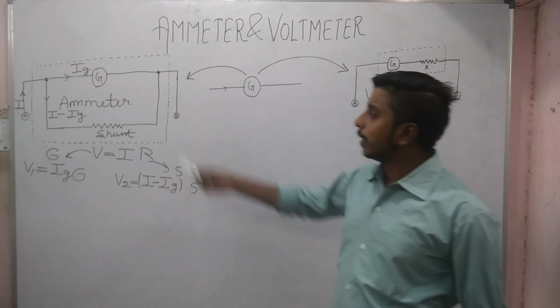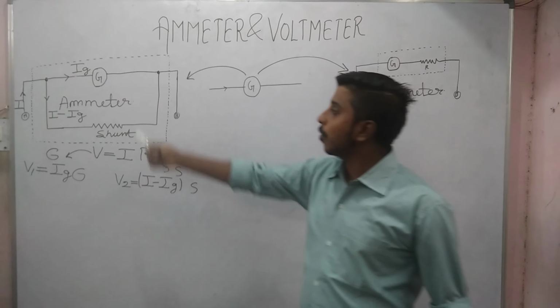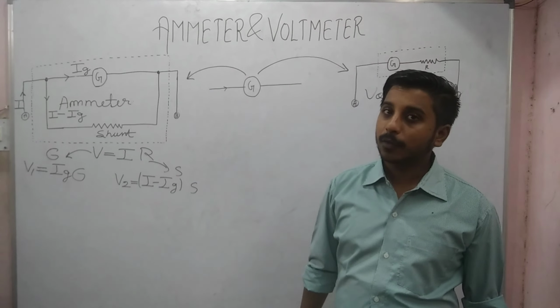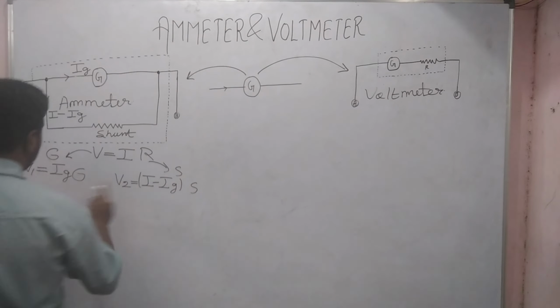And as it is a parallel arrangement, whatever the voltage at this part, same at other part of circuit. So we can say V1 is equal to V2.